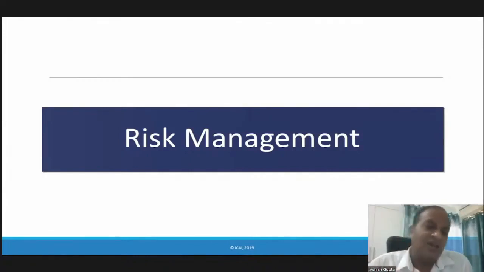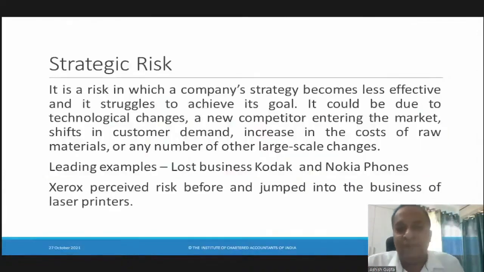Now, when we talk about the various types of risk, one of the very prominent risks is strategic risk. Just read the slide carefully, then I will discuss with you what exactly strategic risk is.